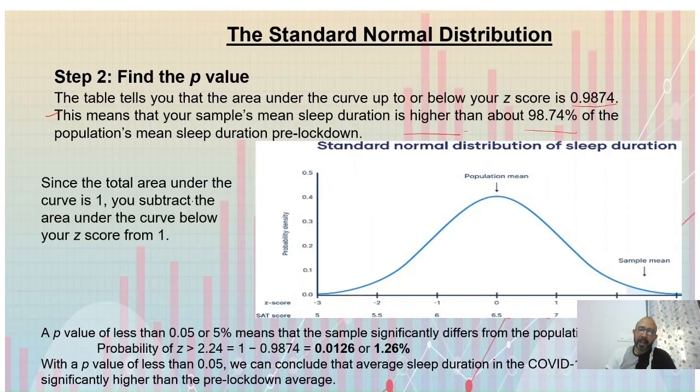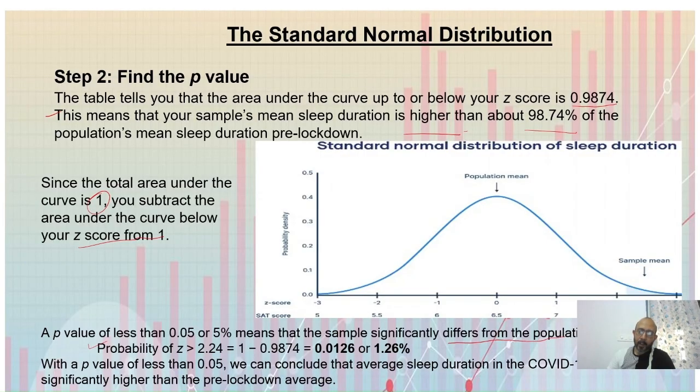Since the total area of the curve is 1, we subtract the area under the curve below our z-score from 1. A p-value of less than 0.05 or 5% means that the sample significantly differs from the population.